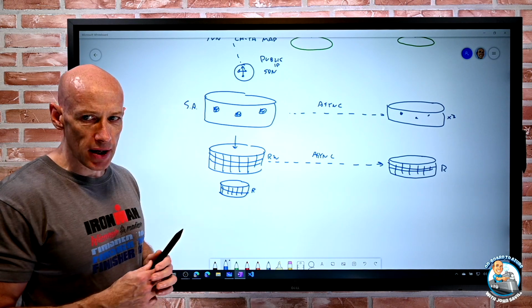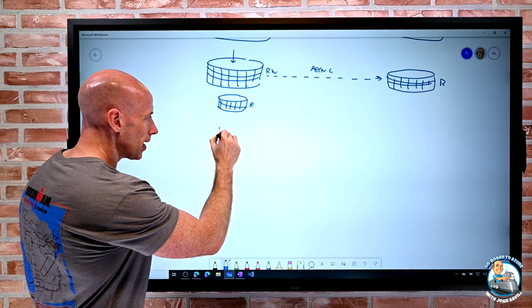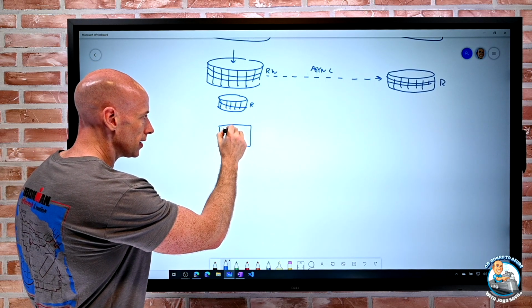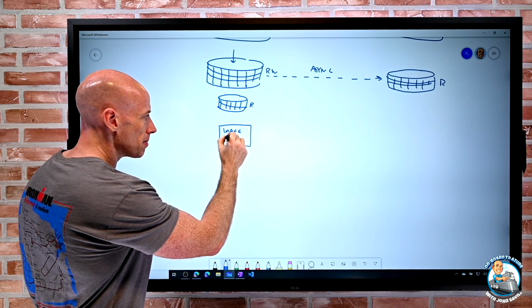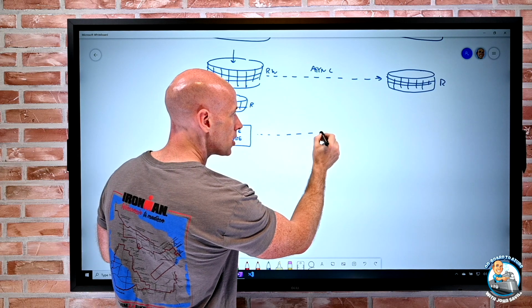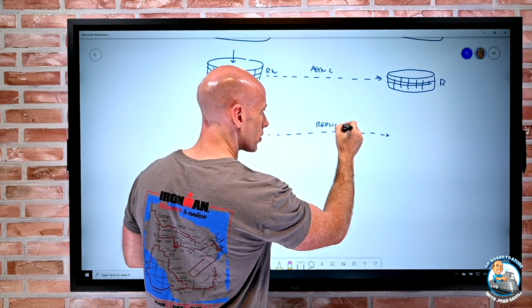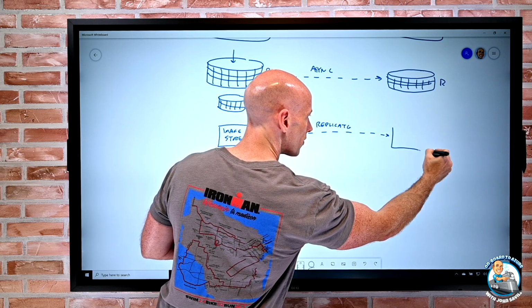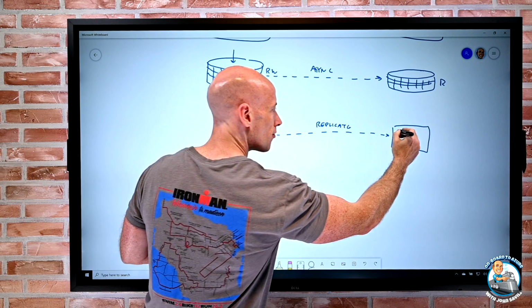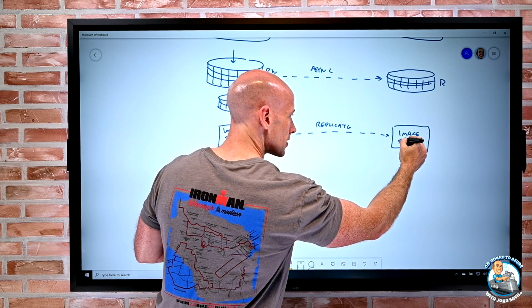When I provision my resources, I have some image store. I think about, okay, I have an image store here with maybe my VM images, maybe my container images. And what we want to make sure is, once again, we replicate that, but it will be asynchronous. I want a copy of that in my other regions I use in case I need to provision more things.